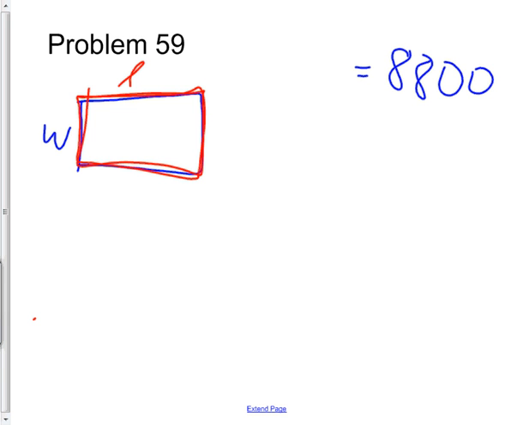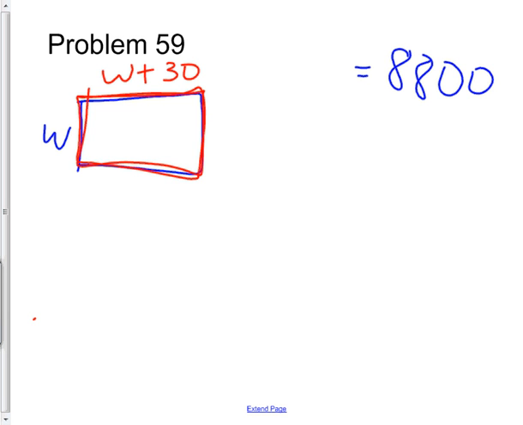So I got to somehow incorporate that into my picture. So instead of length and width, I could change that L to being 30 yards bigger than the width. So how could I write that? Yes.